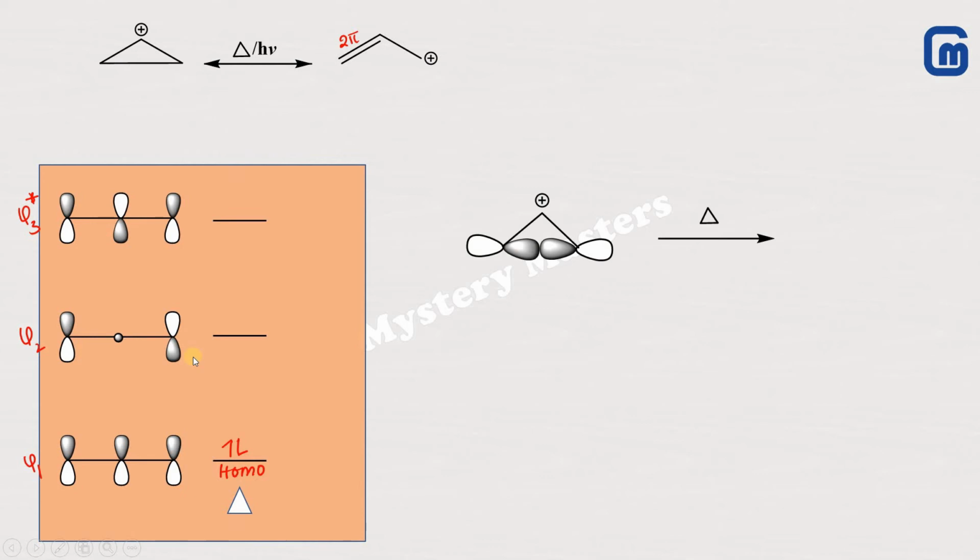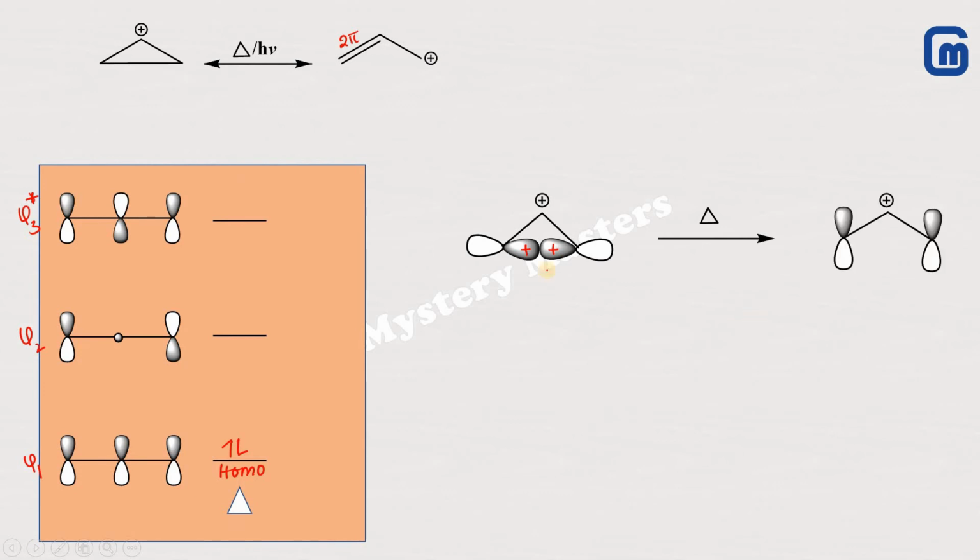So this is our closed structure, where the two same type of lobes have interacted, which forms the bonding orbital, or you can say which forms the bond here. And when we move them, they should be moved in such a way that the HOMO, that is psi 1, is obtained. So I am showing you the open chain structure here.